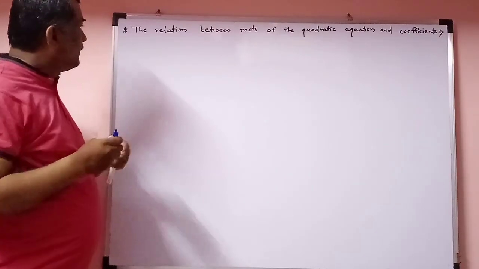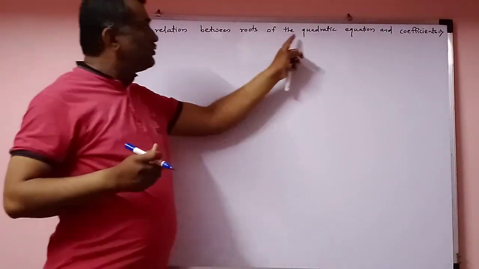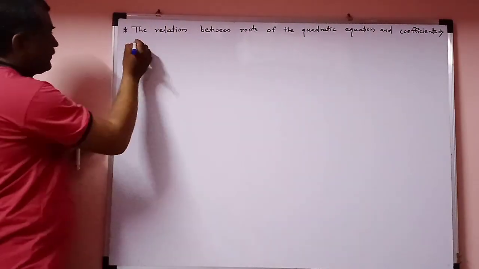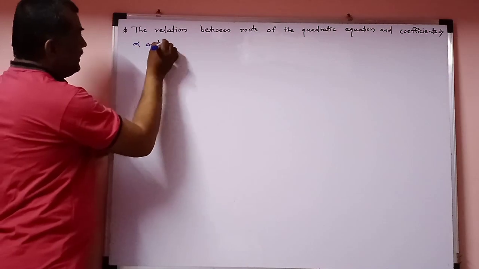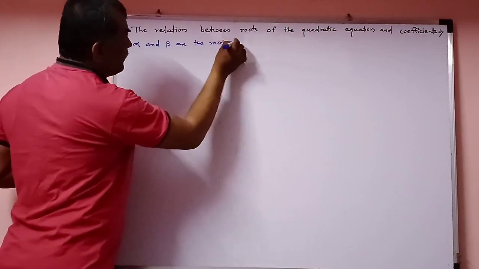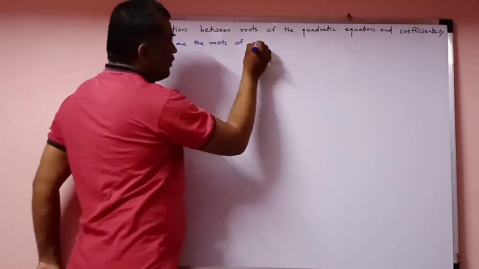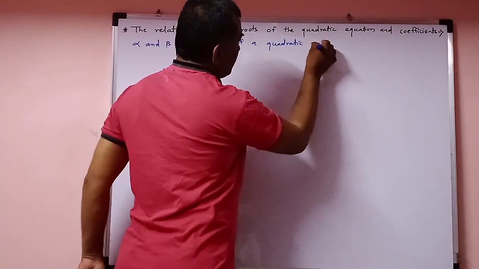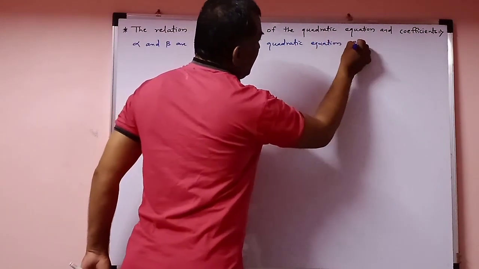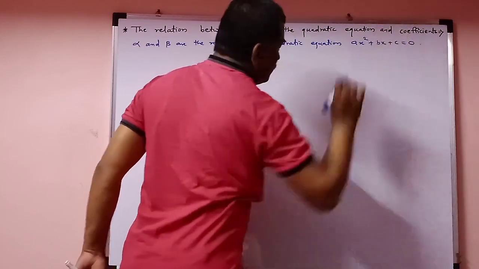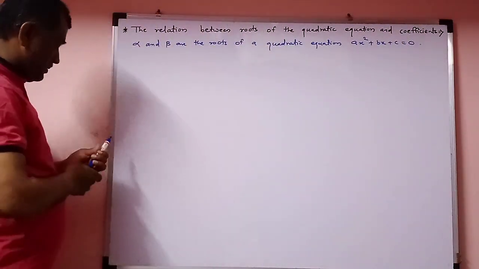Next point, the relation between roots of a quadratic equation and coefficients. Alpha and beta are the roots of a quadratic equation ax square plus bx plus c is equal to 0.